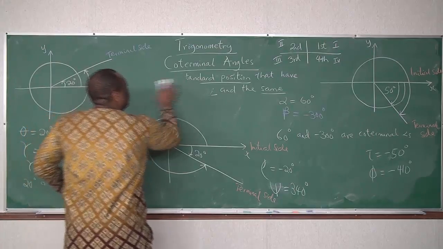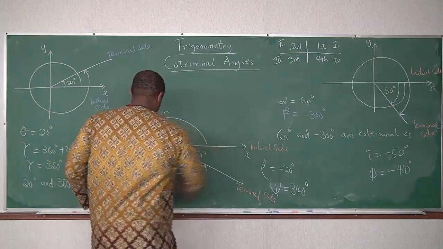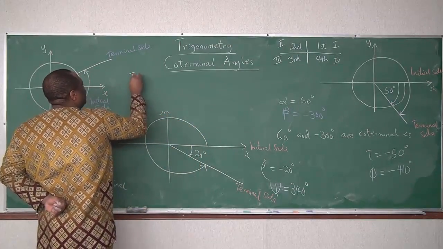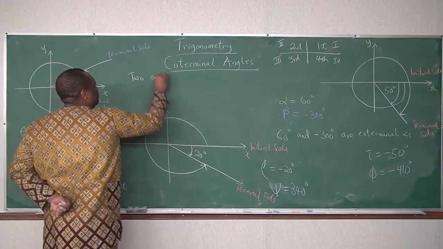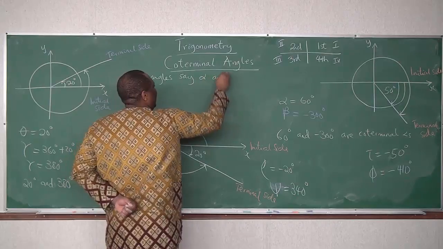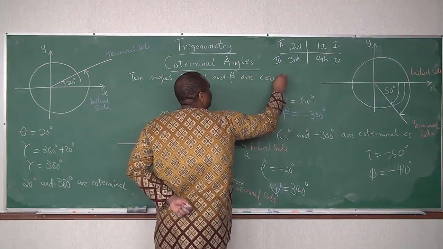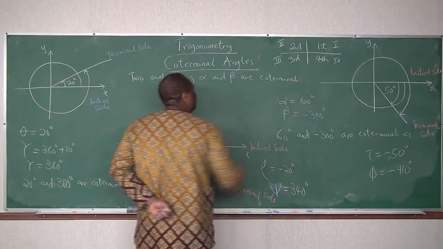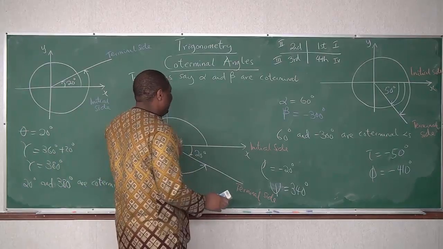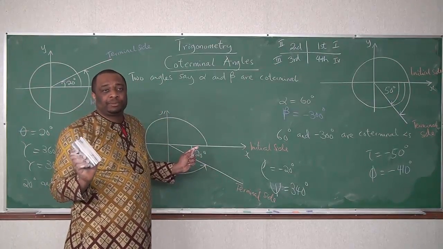So that brings us to the formula. We say that two angles, say alpha and beta, are coterminal in standard position, please, because we always want to make sure that this is in standard position.